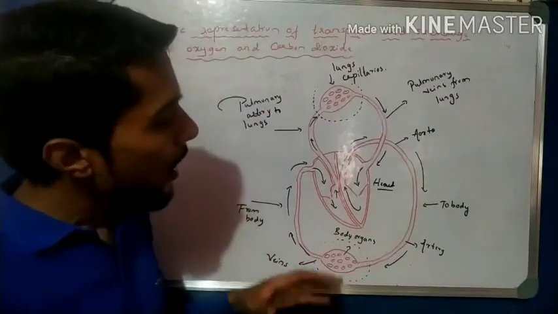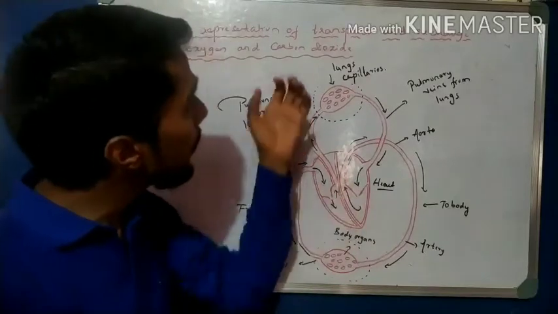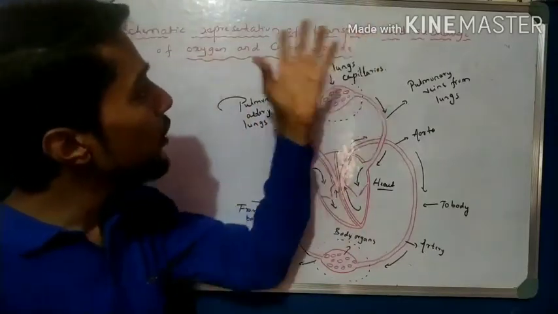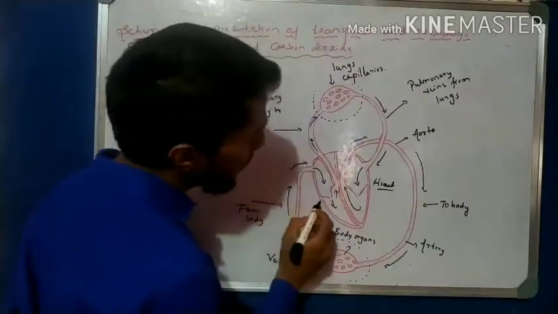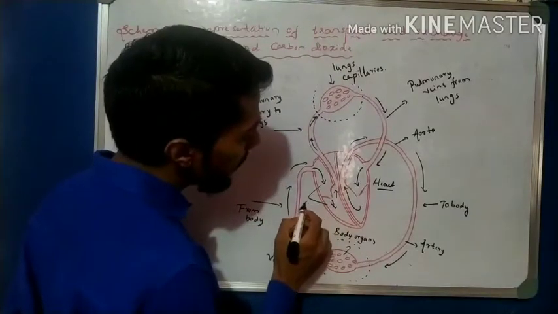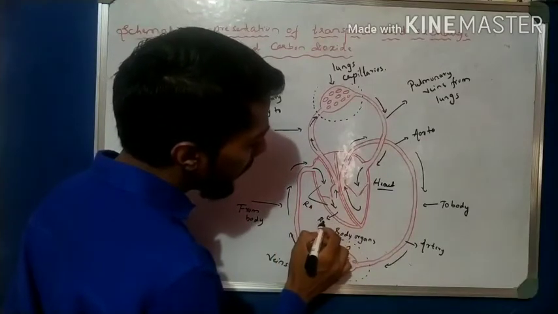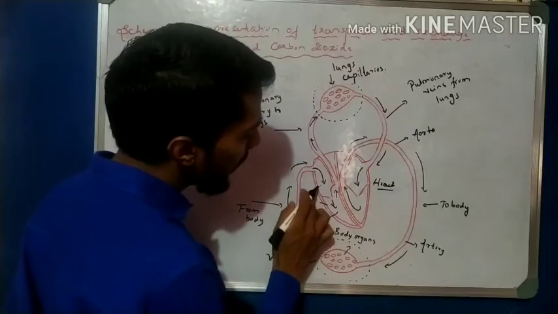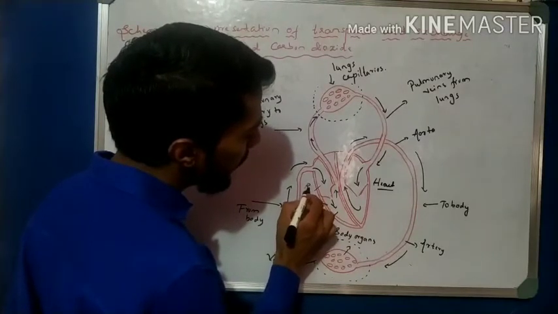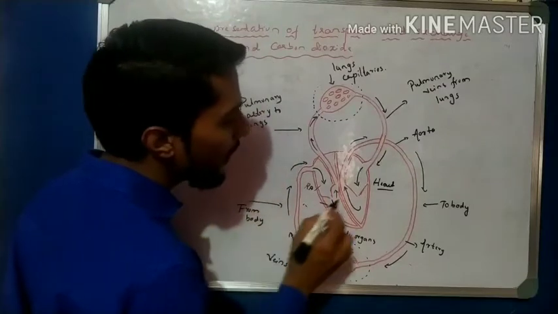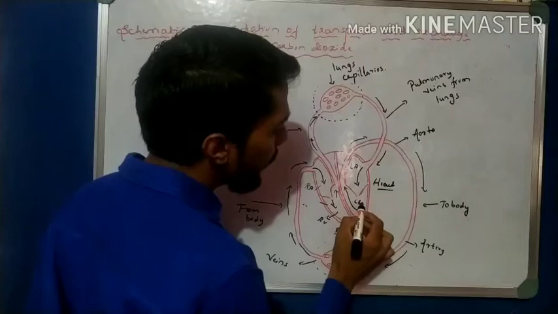Now observe how the transportation and exchange of carbon dioxide and oxygen takes place here. We all know that this is the right atrium and this is the right ventricle, and this is the left atrium and left ventricle.